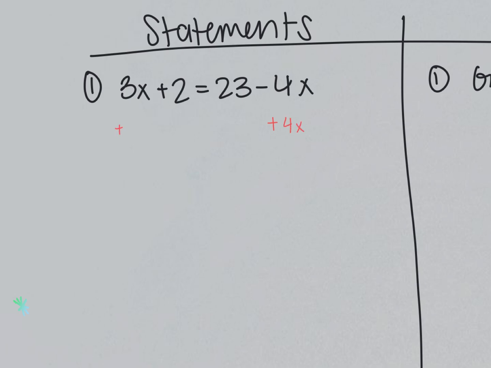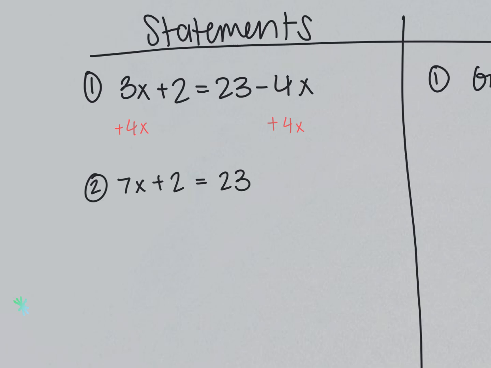If you did something else other than add 4x, I'm not saying it's wrong. Let's just make sure we get to the same answer. So I now have 7x plus 2 equals 23.